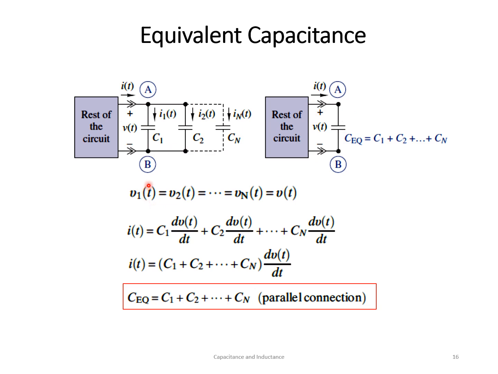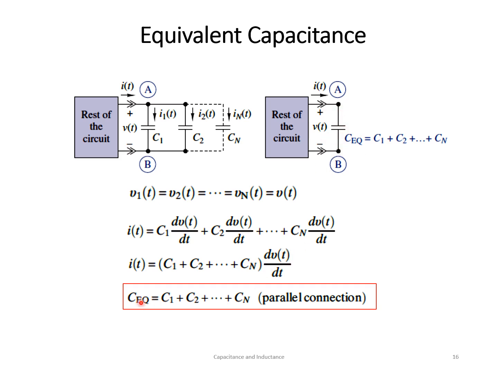What is I? I is equal to I1, which is C1 dV by dt, plus I2, C2 dV by dt. It is always dV by dt as the voltage is the same, and dV by dt is a common term. We take it common, and inside the bracket we have C1 plus C2 and so on. And for the equivalent capacitor, the current flowing through it is C dV by dt.